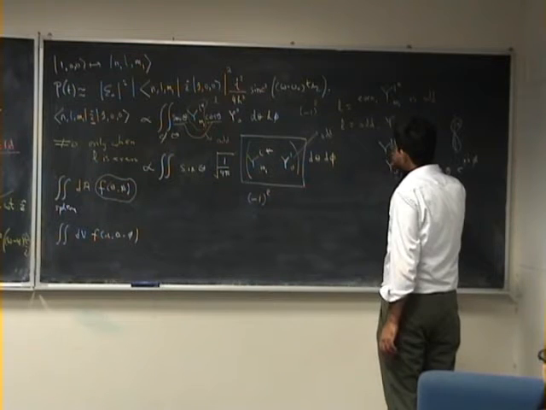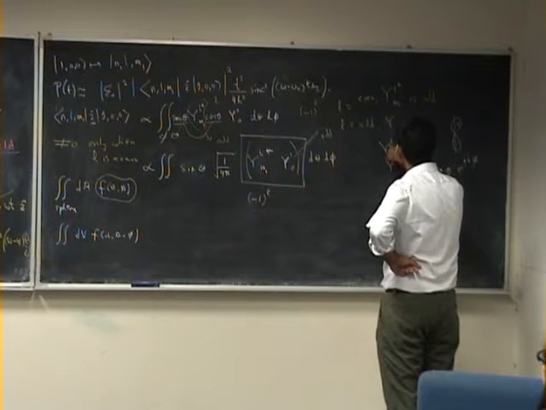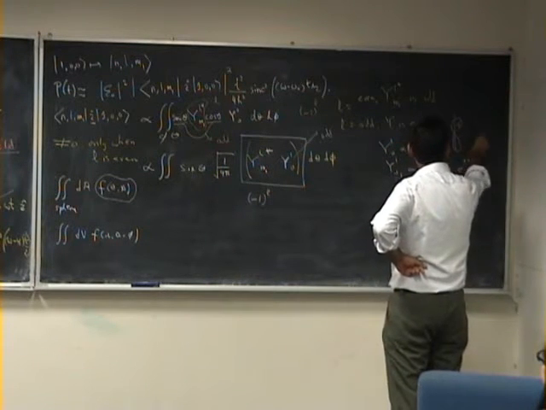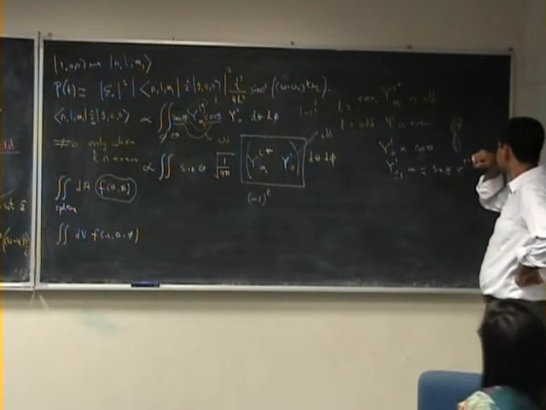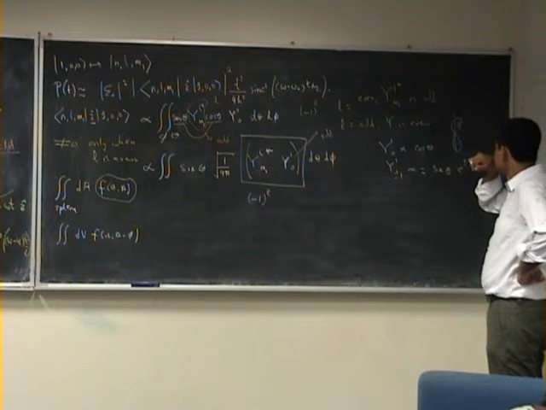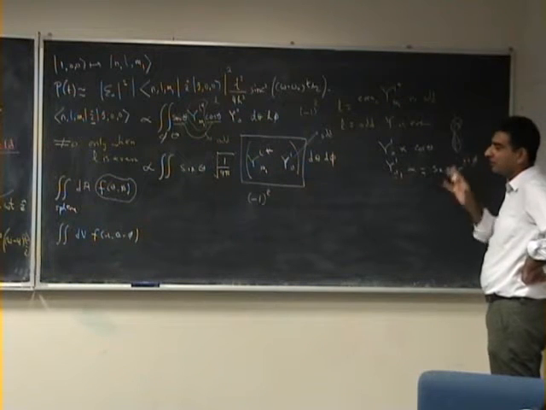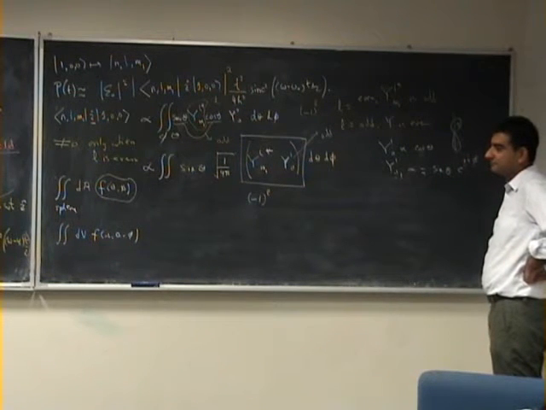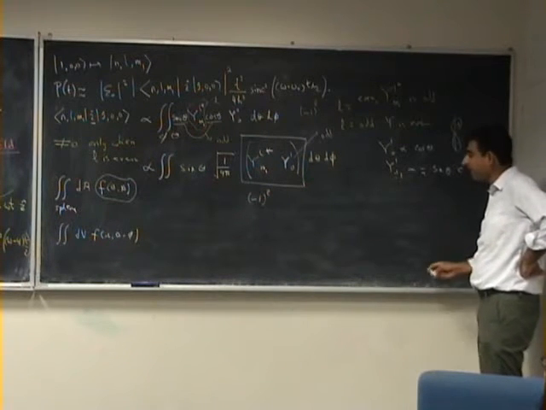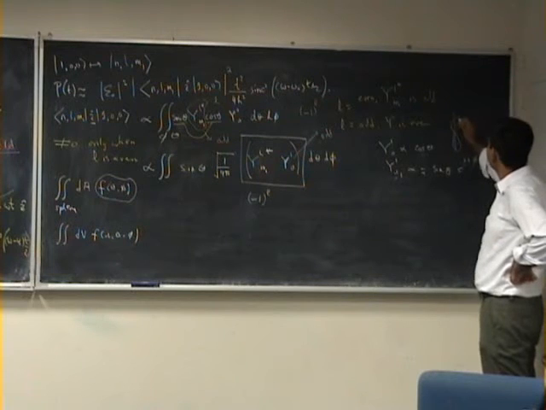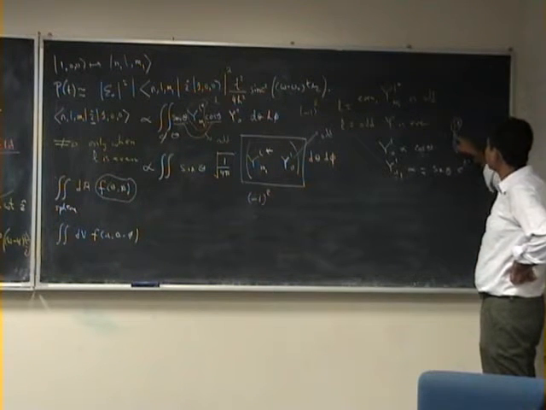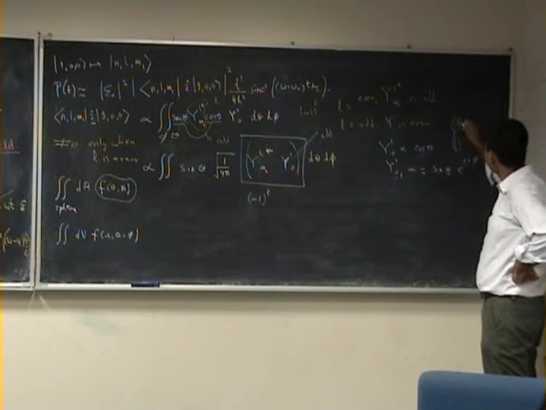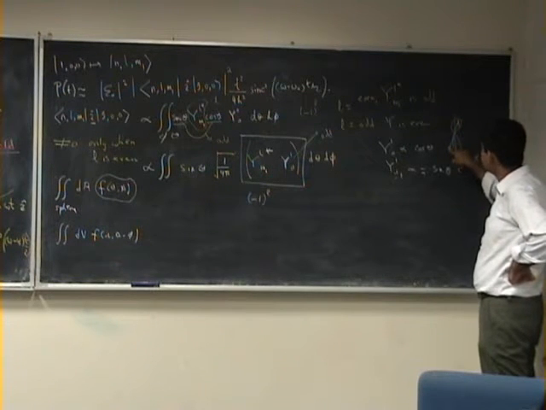Look, what do even and odd mean? If we draw from -π to π, this is what even and odd mean. What is the parity operator? You take any point, you take its mirror image about the origin. So you have this point, take its mirror image about the origin, you get here.